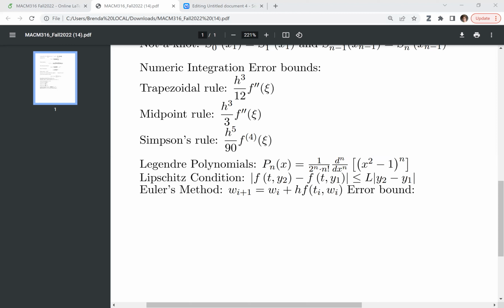This guy right here, y_m prime of t is u to the m. Let me just rewrite this step.